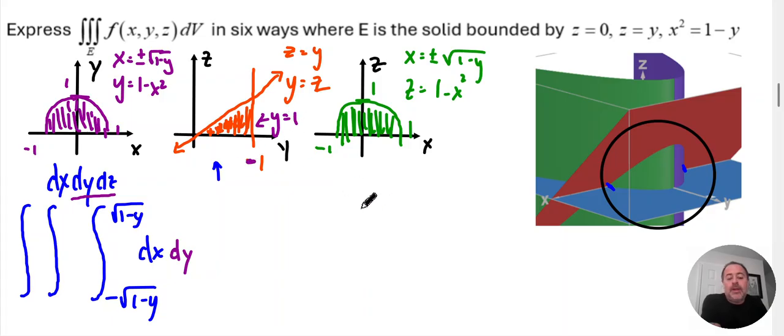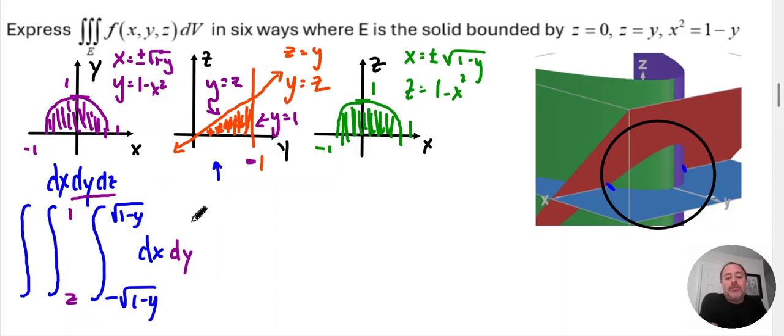So y equals 1. And then our other equation for this is going to be y is equal to z. Remember that when we're going from right to left, the right-hand curve is our upper bound, and the left-hand curve is our lower bound. So these are the equations for y for this region right here, and we'll use those again.